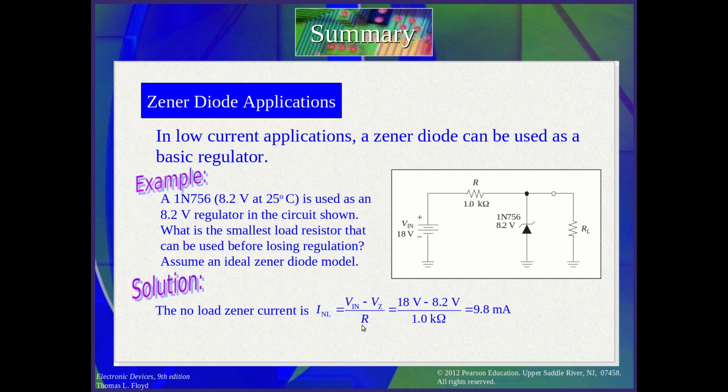So you calculate R, then you have your maximum load current, RL equals 8.2 over 9.8 milliamps. This is the voltage here, and this is the voltage from this point to this point, so this is the same, and this is the current. This is the lowest current that can come across at the 8.2.